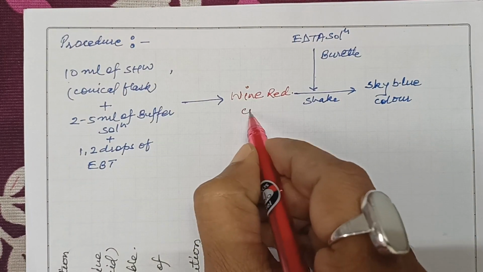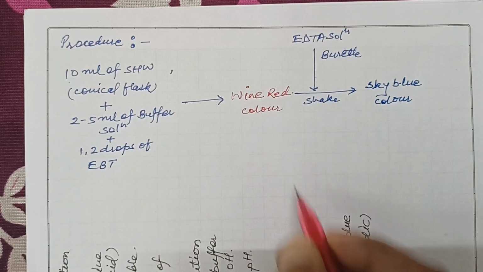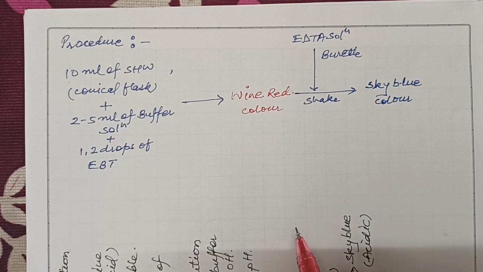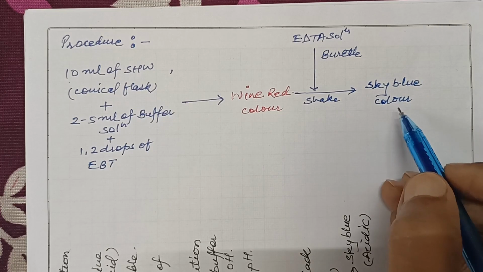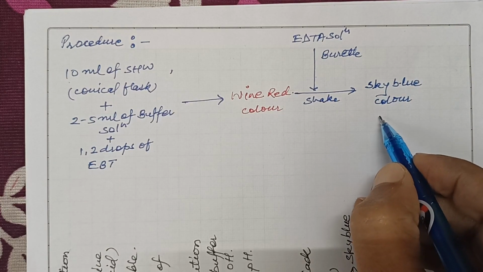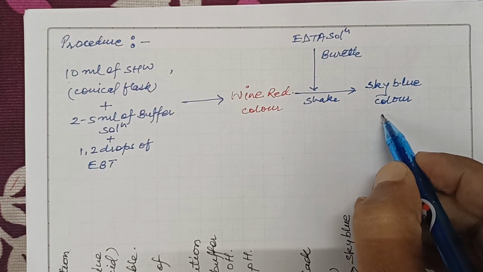Wine red color changes to sky blue color. So when the sky blue color comes, we have a certain volume.